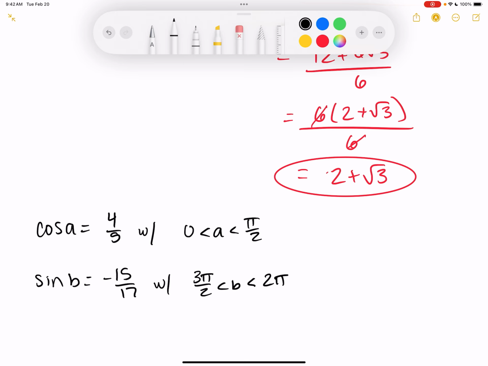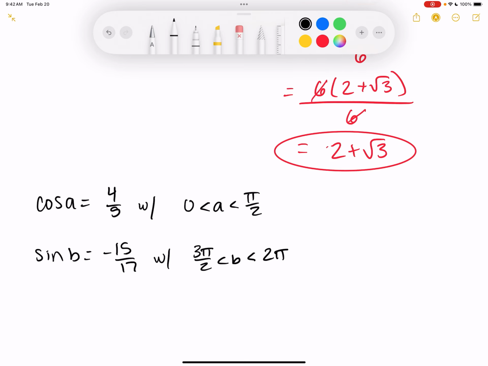So before I even start these problems, I need to draw the triangles, much like you see written on my board over on that side. See what I'm talking about? That's what we need to do. We need to set these up. So what quadrant is triangle A in? Where's 0 to pi over 2?